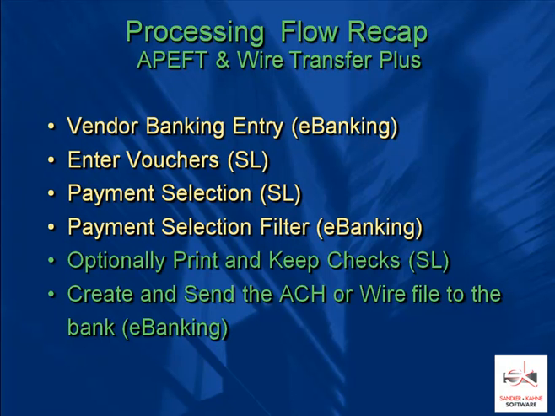The eBanking payment selection filter is used to automatically separate electronic payments from checks. Remember that running your electronic payments through the check printing process so you can print hard copy remittance advices is optional. The final step is to create and send the ACH or wire file to the bank, and you're done.